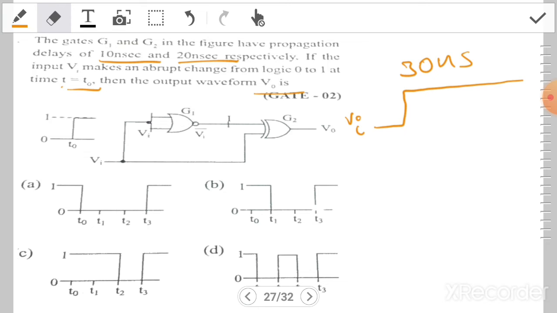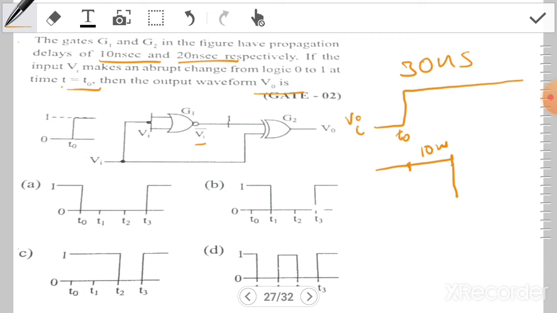Since there is a delay of 10 nanoseconds, at T0 there is a change, but because of the delay, the output will change after 10 nanoseconds, and it is Vi complement.